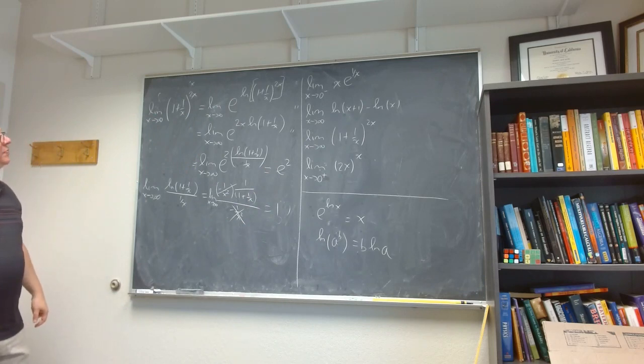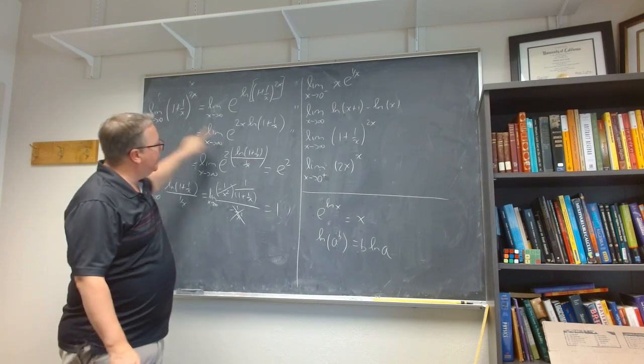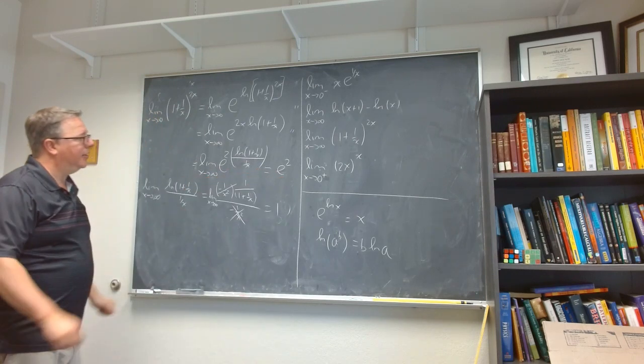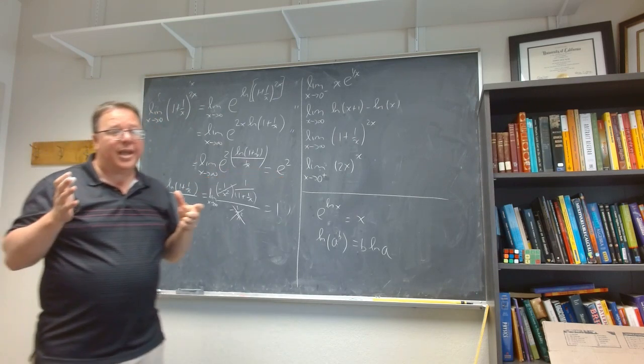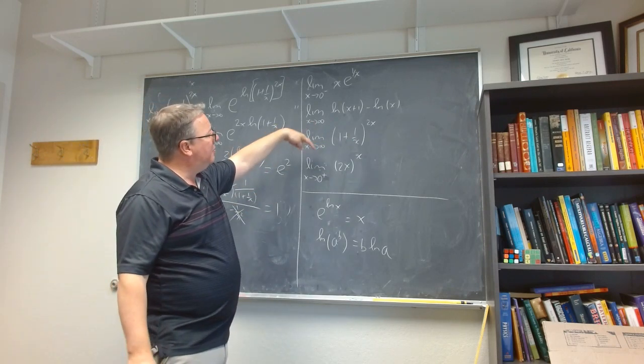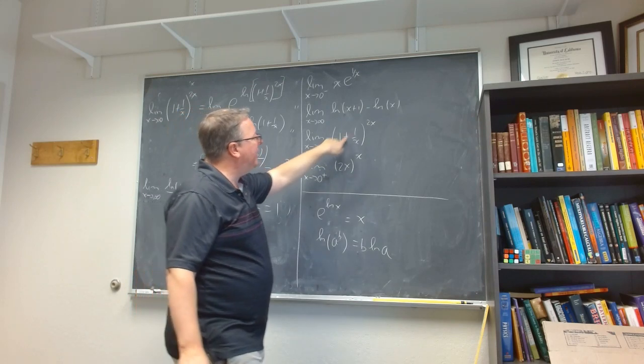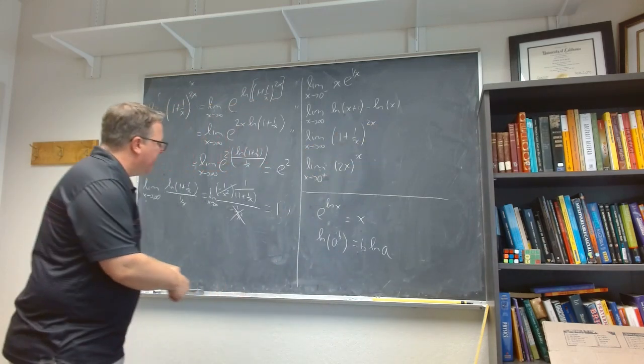E squared is my limit, so this entire thing becomes just e squared. So this gives us a way of doing really, really weird limits, even when you have an expression that looks like 1 raised to the infinity power.